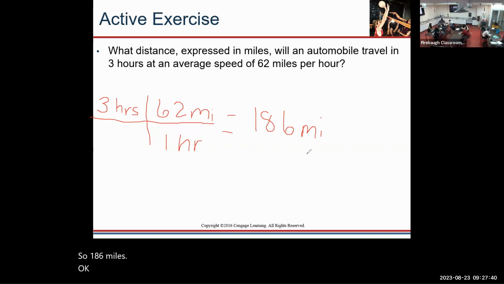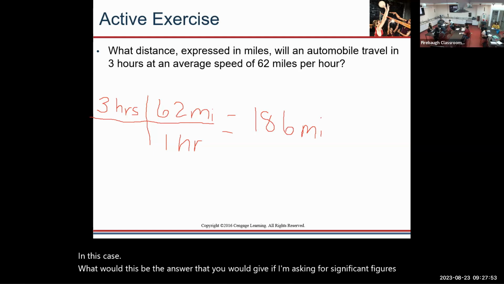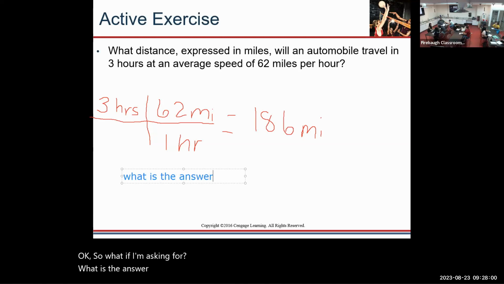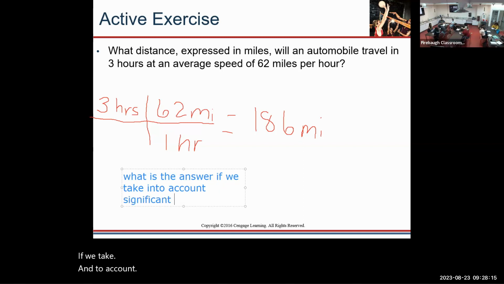Okay, so here's my question for you. In this case, what would be the answer that you would give if I'm asking for significant figures? Okay, what is the answer if we take into account significant figures?